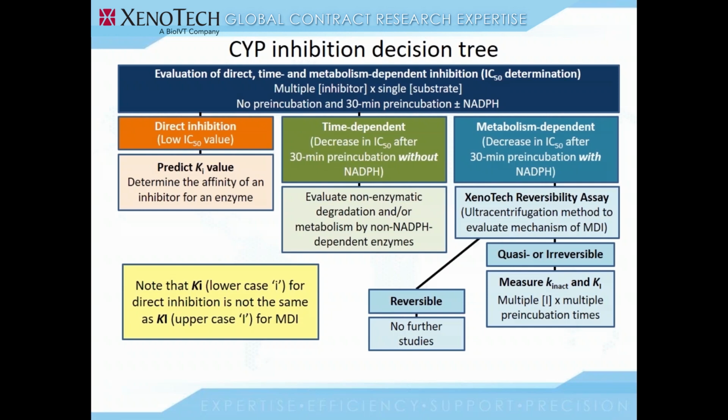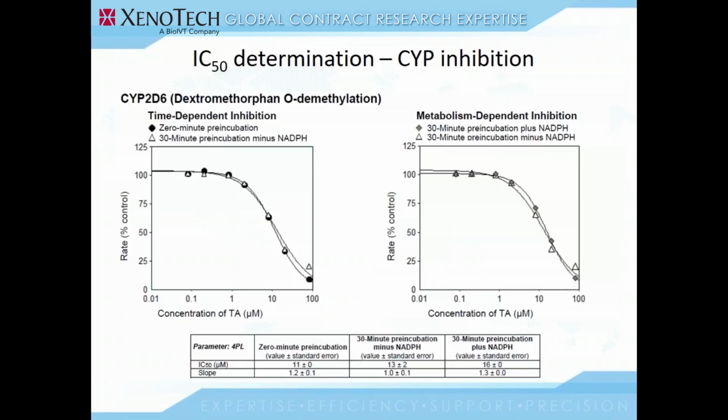This is an example of IC50 results for the evaluation of inhibition of CYP2D6. In this case, direct inhibition was observed as an IC50 value was calculated to be 11 micromolar upon the 0-minute pre-incubation. So 50% inhibition of the enzyme occurs at about 11 micromolar, and your IC50 value is defined below.